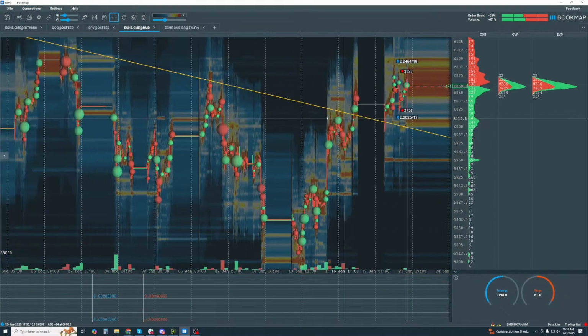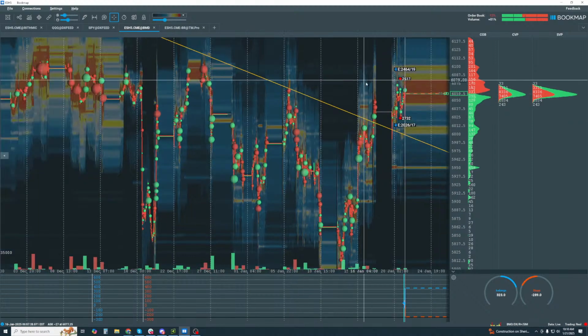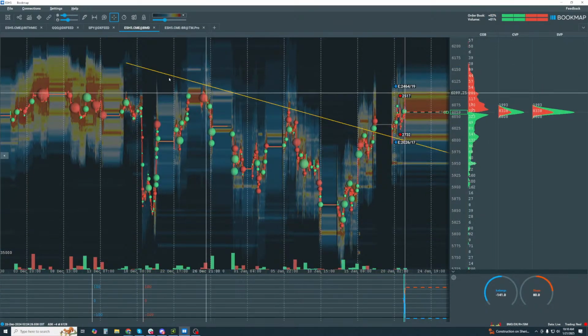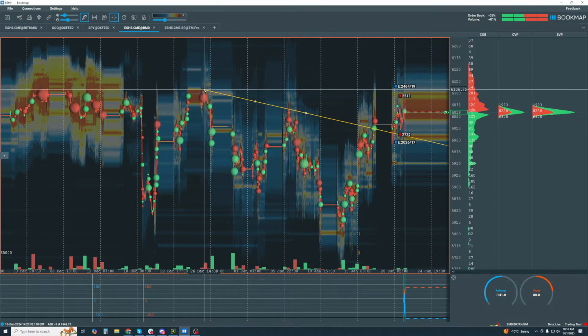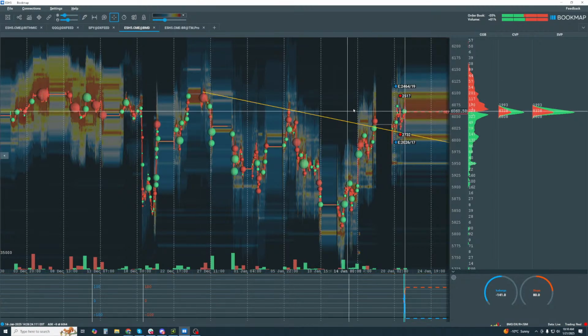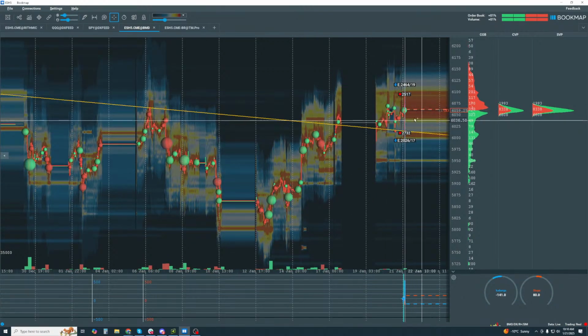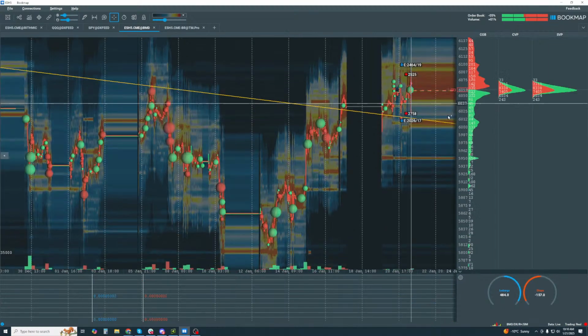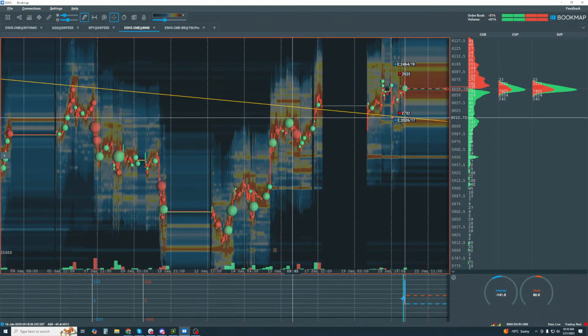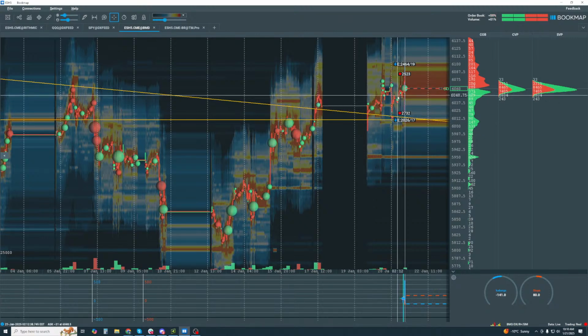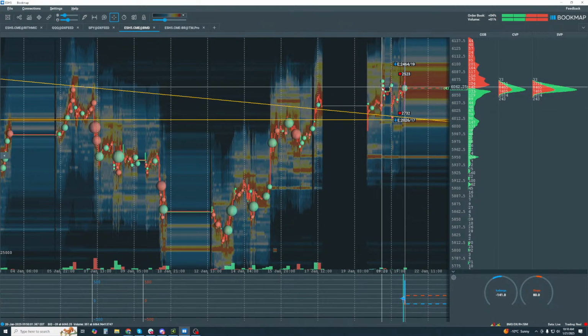Let me edit this trend line here, going off of these swings. So we're breaking out here, and on this trend line we can also put in a horizontal line right here. You can see that we've broken out.